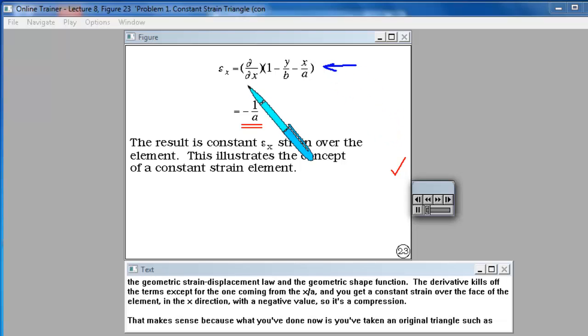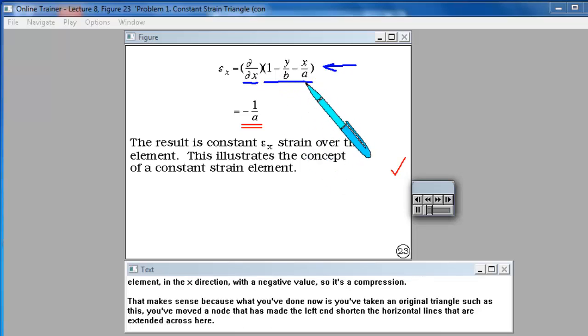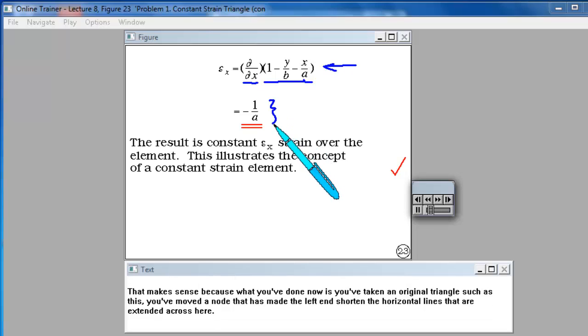Here we see that we have the role of the geometric strain displacement law and the geometric shape function. The derivative kills off the terms except for the one coming from the x over a, and you get a constant strain over the face of the element in the x direction with a negative value, so it's a compression.